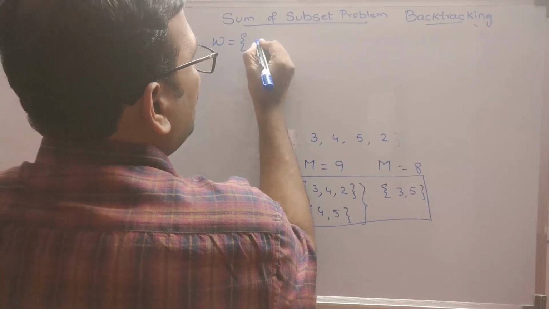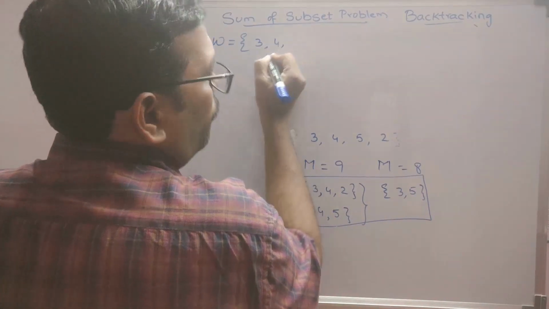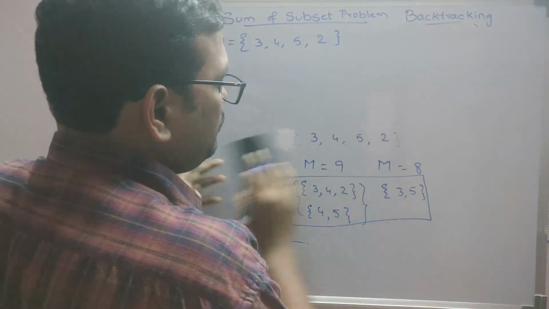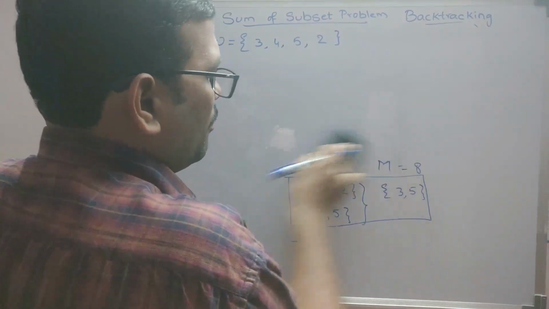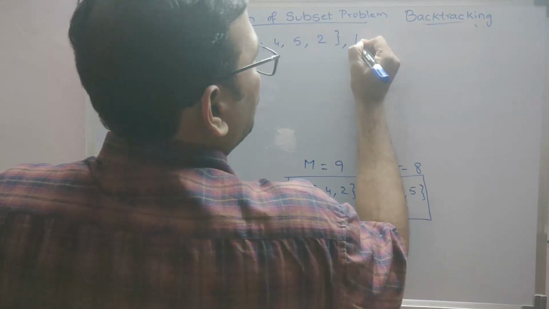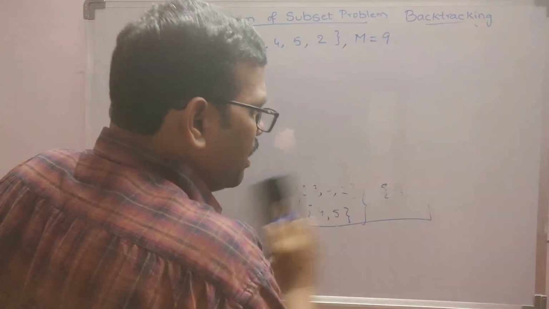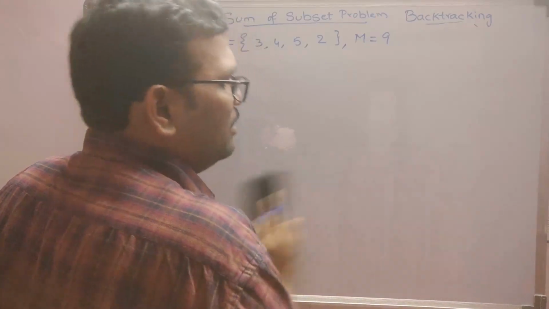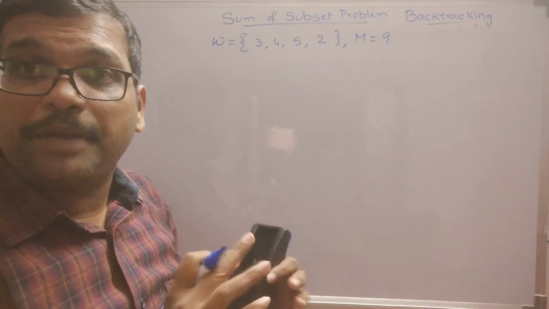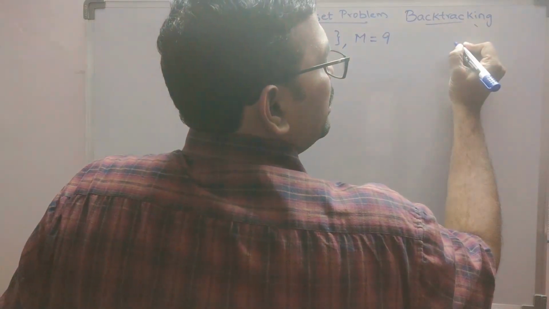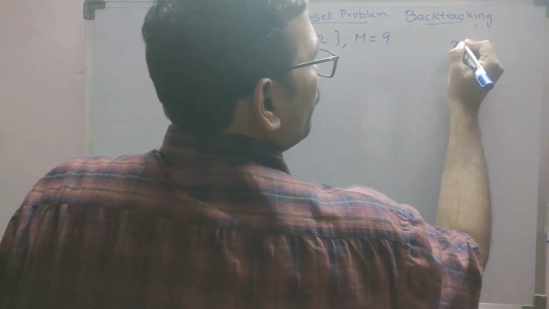So the elements are 3, 4, 5 and 2, and m means a total which must be equal to 9. Now we are supposed to find the solution, the state space tree. For example, consider x1, x2.